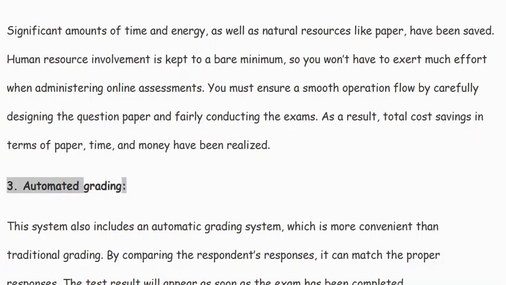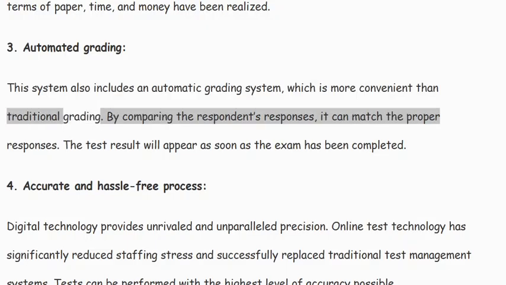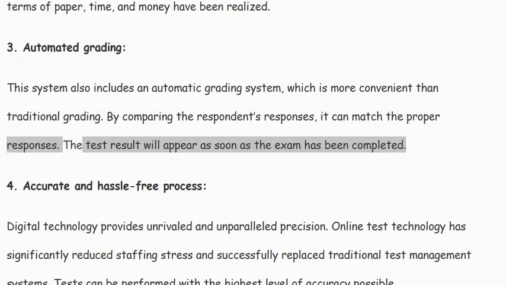3. Automated grading. This system also includes an automatic grading system, which is more convenient than traditional grading. By comparing the respondents' responses, it can match the proper responses. The test result will appear as soon as the exam has been completed. 4.